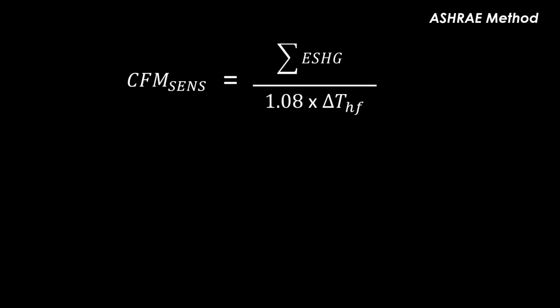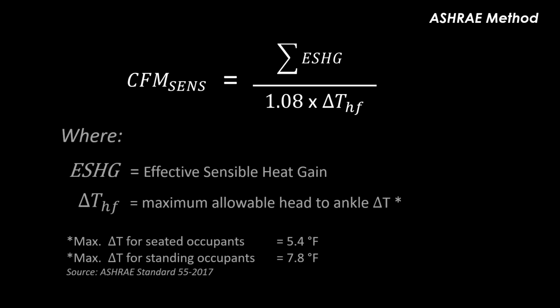The required airflow rate can then be calculated using this formula, where ESHG equals the effective sensible heat gain we calculated in step 2, and delta THF is the maximum allowable head-to-ankle delta T, which is taken from ASHRAE Standard 55.